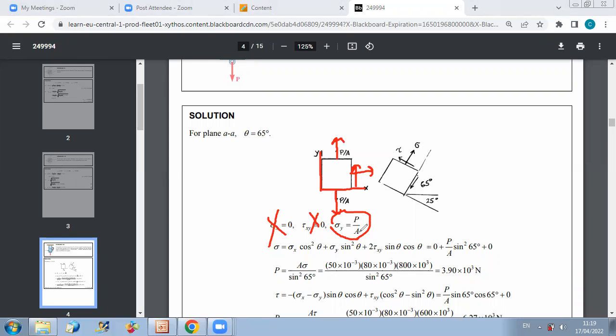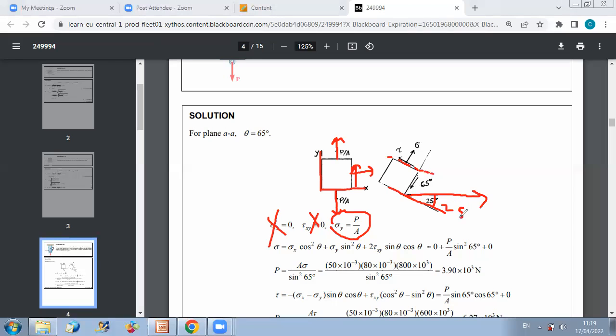Now, whenever this is your X, your glued section, according to the figure, is here, making an angle of 25 degrees like this. This is 25.